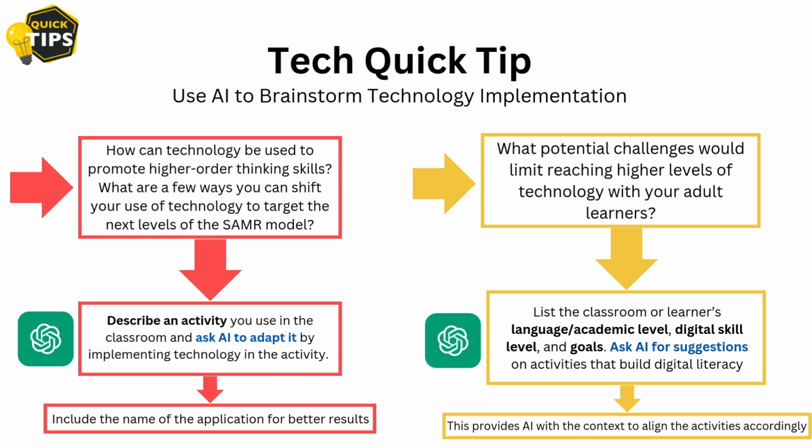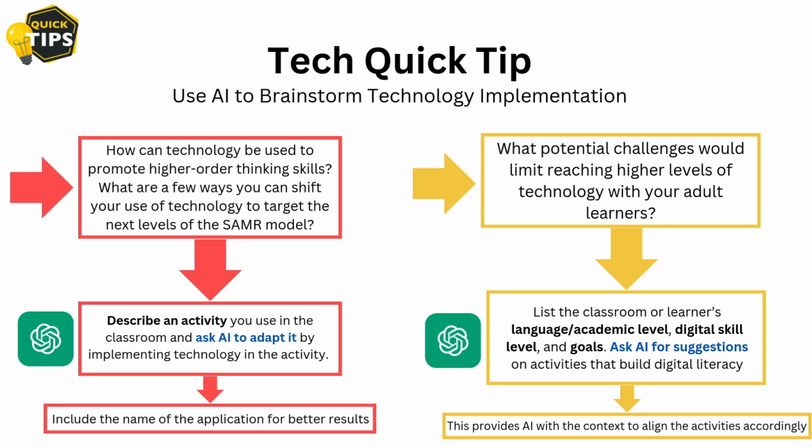For example, you can describe an activity you use in the classroom and ask AI, for example, ChatGPT, to adapt it by implementing technology in the activity. But be sure to include the name of the application for best results.